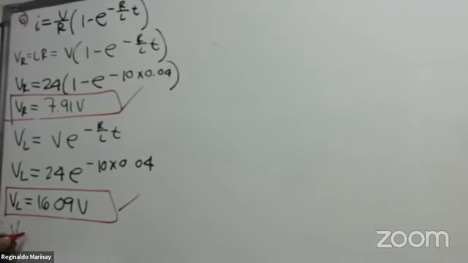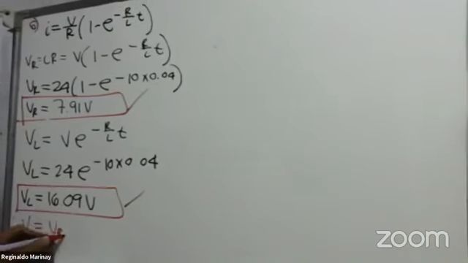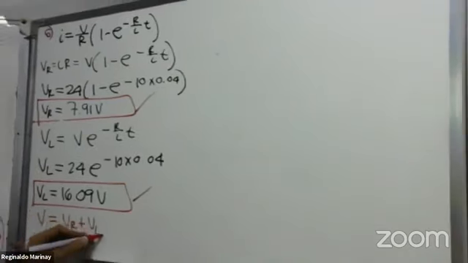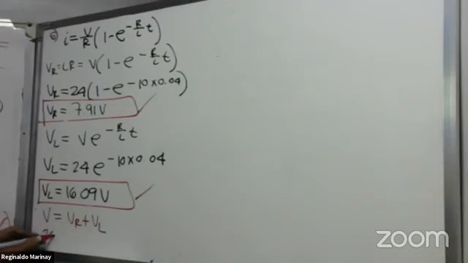The total voltage V is equal to VR plus VL. What is our total voltage? 24. Is that equal to 7.91 plus 16.09? Yes or no? The answer is yes. Very easy. Okay, next please.